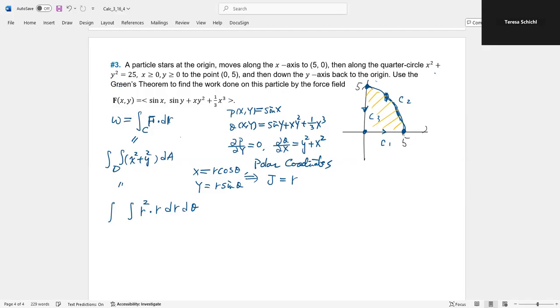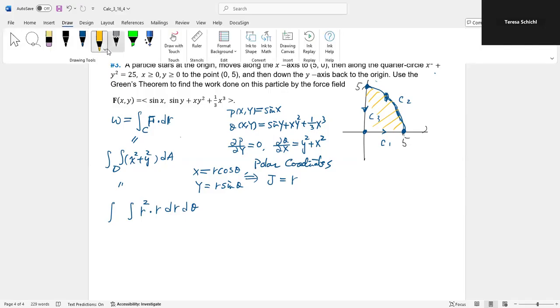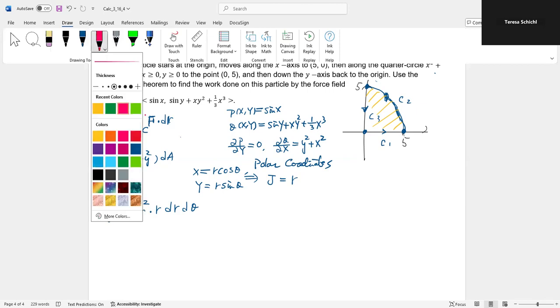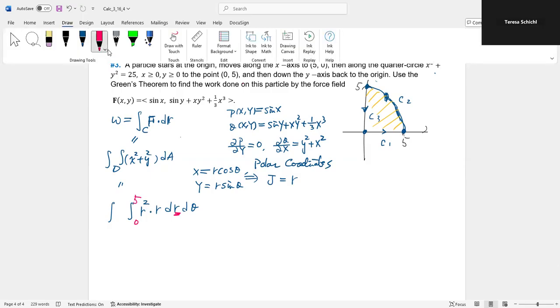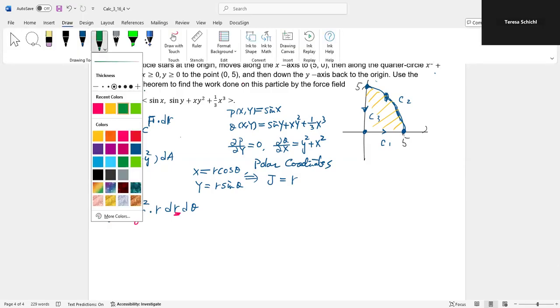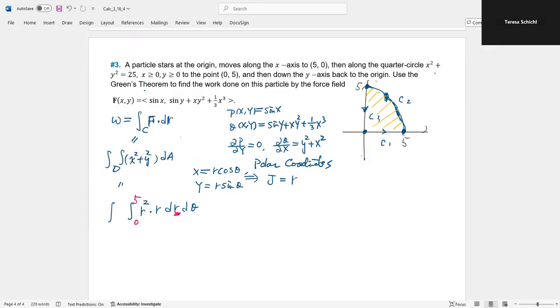Because this is a quarter circle, what is my r? r is from 0 to 5. And my angle theta is a quarter of the circle, so theta is from 0 to pi over 2.